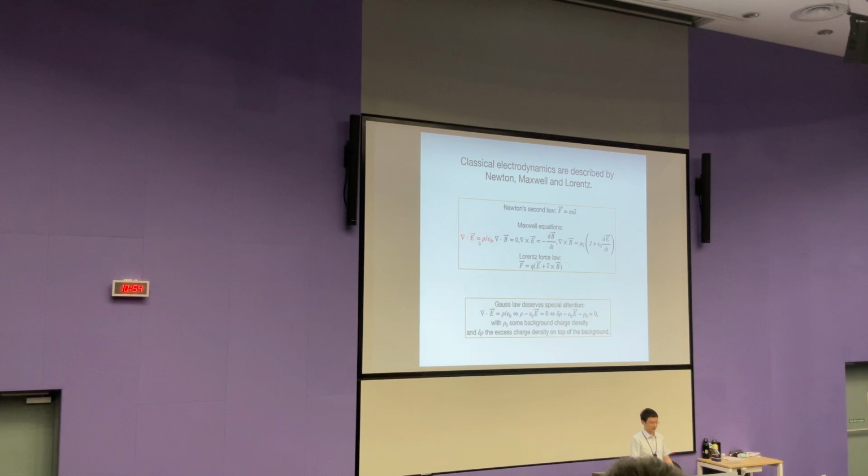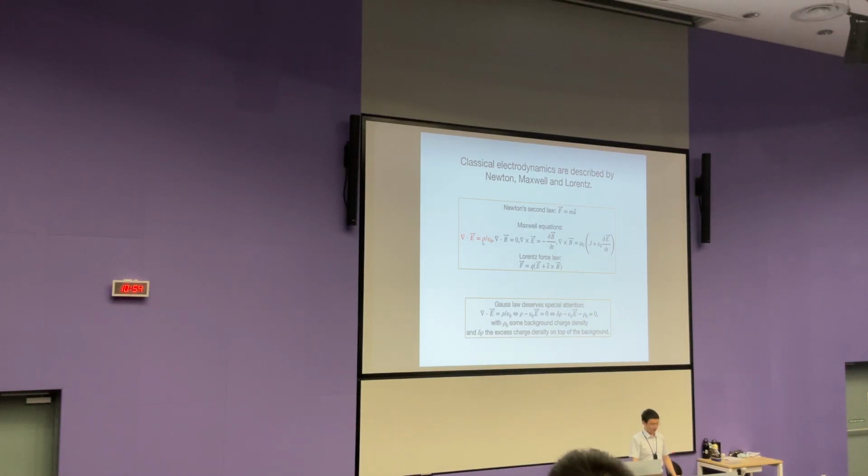E is the electric field, B is the magnetic field, and rho is the electric charge density. Epsilon 0 is the dielectric constant, mu 0 is something whose name I can never remember, permeability, I think. Yeah, those are the Maxwell equations.